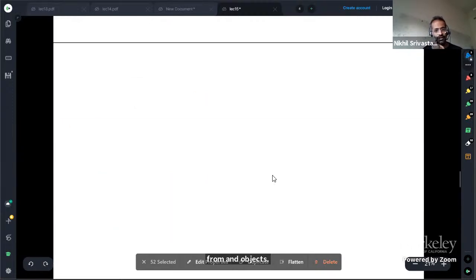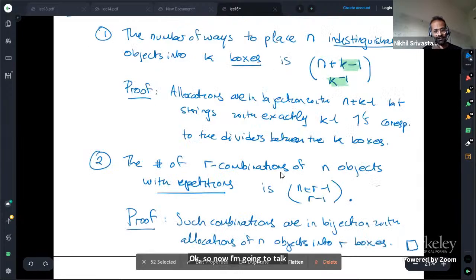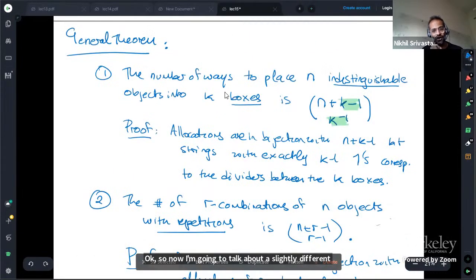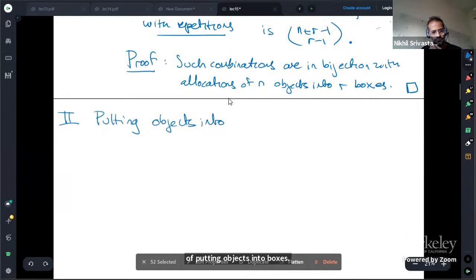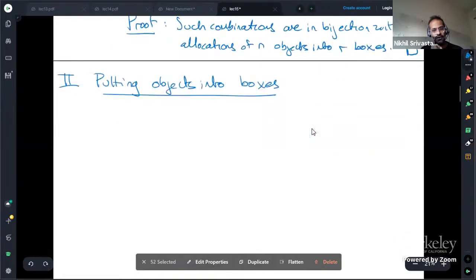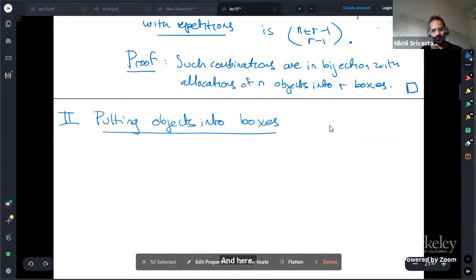Okay, so now I'm going to talk about a slightly different setup, which we already just saw, which is the number of ways of putting objects into boxes. And here I would say that there are two different variations.